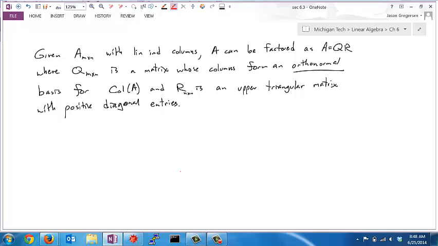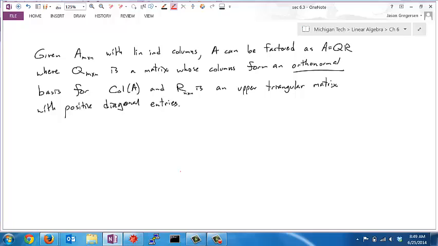Okay. So we're going to factor A into A equals Q times R. Now how do we do this? All we do is take the columns of A, which are going to give us a basis for the column space, and we just change it from that basis to an orthonormal basis.